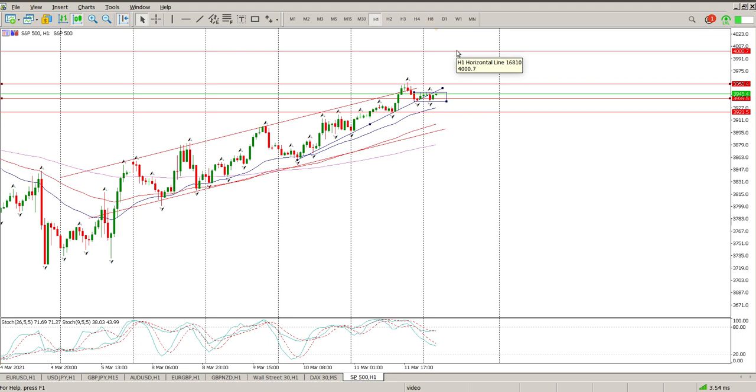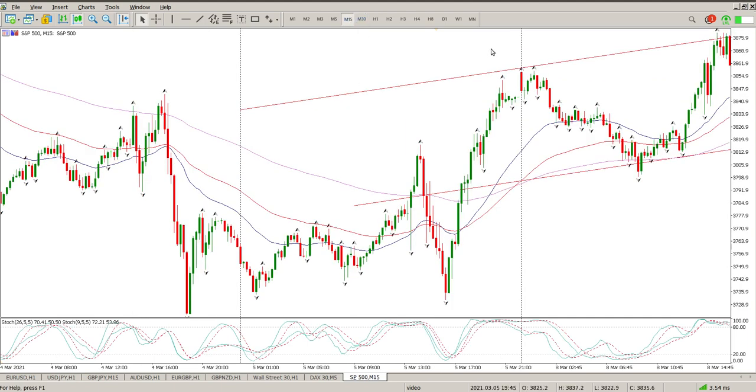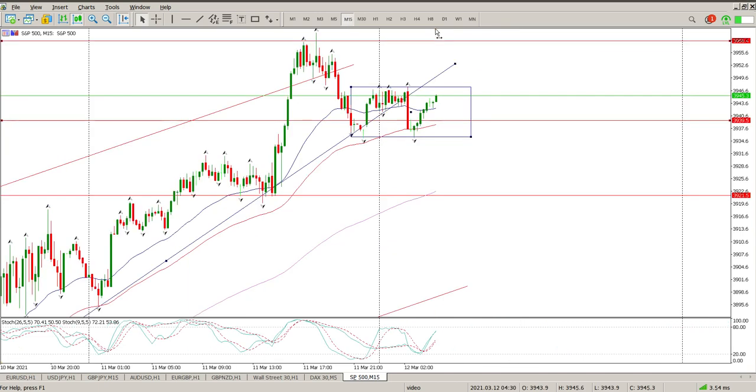Some catalyst, some noise is going to come out that's going to drive us. It's just that what we're seeing at the moment is not really conducive to price. So that's kind of my view at the moment.